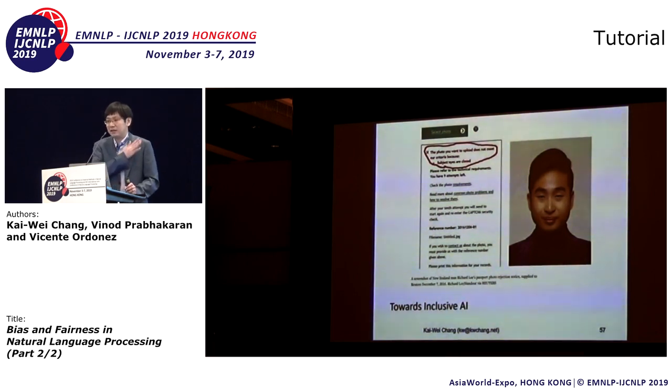But this guy never got his passport because the model said his eye is closed, and the model cannot identify whether his eye is open or not. So maybe that system works 99.9% fine with most people, but for this guy, he will have trouble using this system. And this is something that we don't want to have when we build an NLP system.